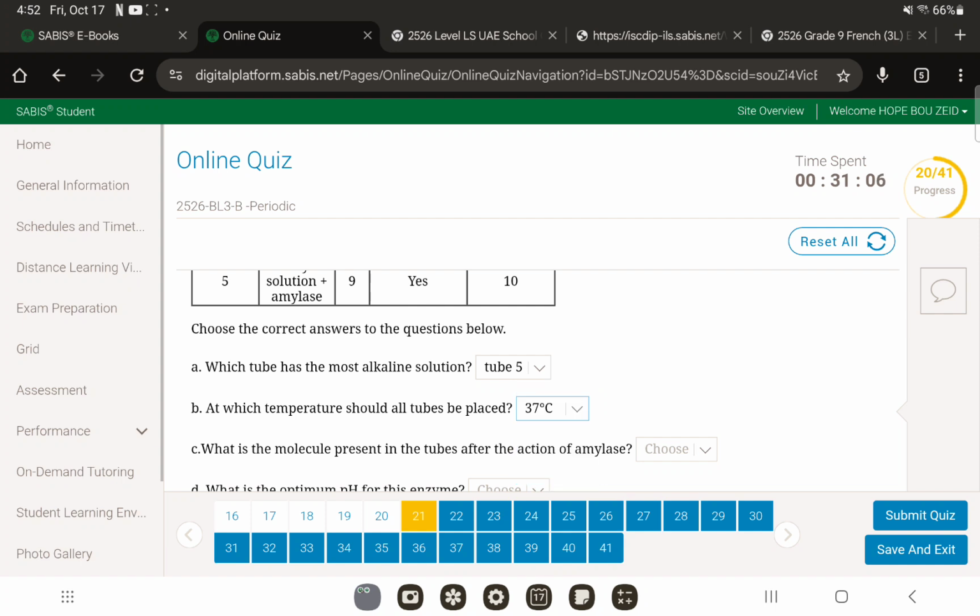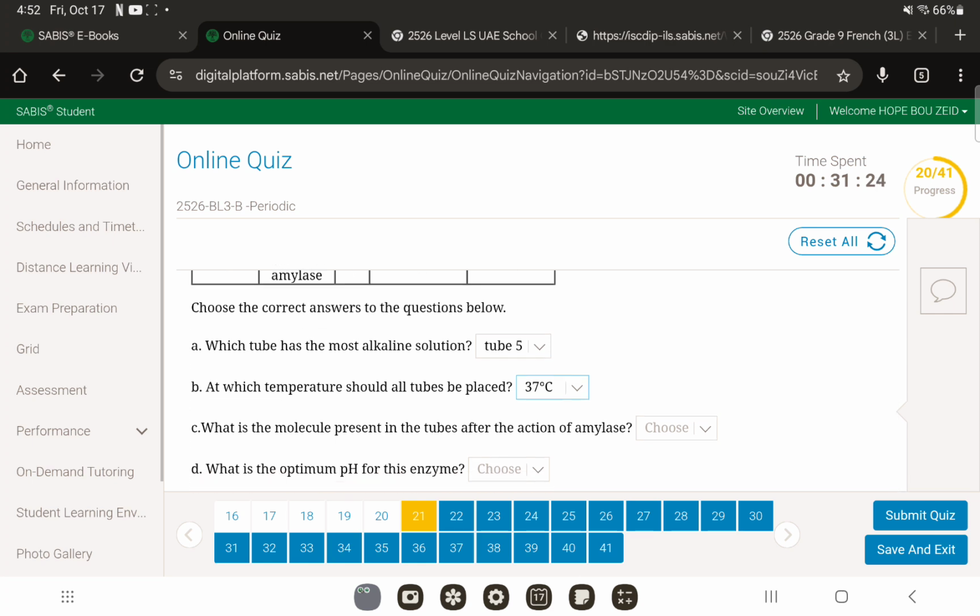And 37 degrees Celsius is generally a really good temperature for most enzymes, but specifically for amylase, it's the best temperature to have it at, which makes it the optimum temperature of amylase.